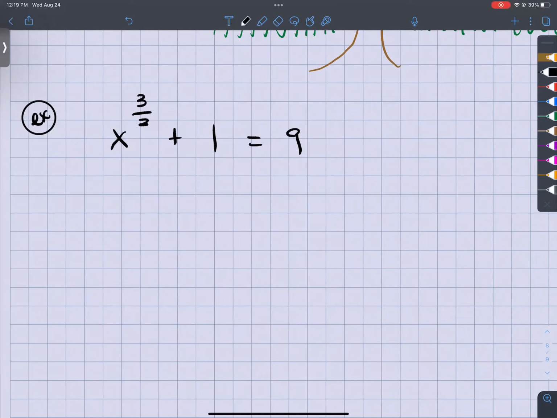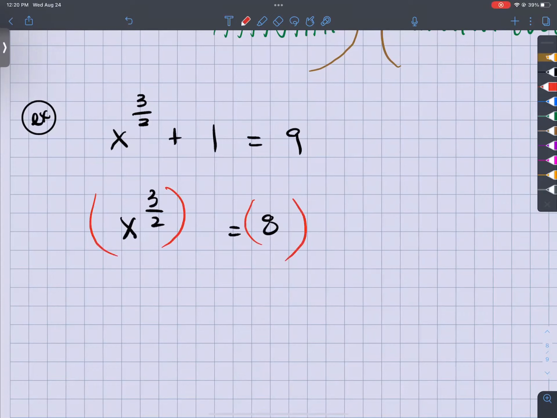Same thing, right? Get this funny looking thing all by itself. Let's isolate that funny looking thing. And then what? Perform an opposite operation, just like if it was a square root. What is the opposite operation of this thing right here? Is it 3/2?